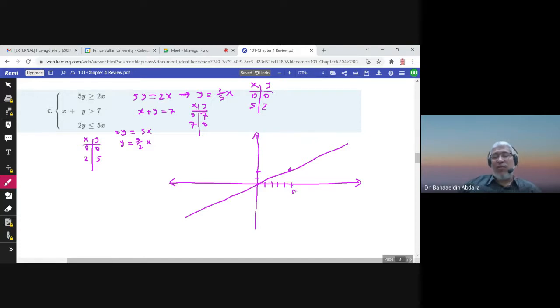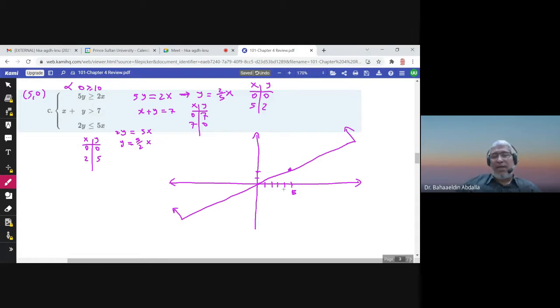Let me choose 5, 0. Okay. So let me put 5, 0 here in the first inequality. So y is 0, 5 times 0 is 0, greater than or equal to 2 times 5 is 10. This is not correct. So the solution is not below the line. The graph of the first inequality is here, and this above the line.